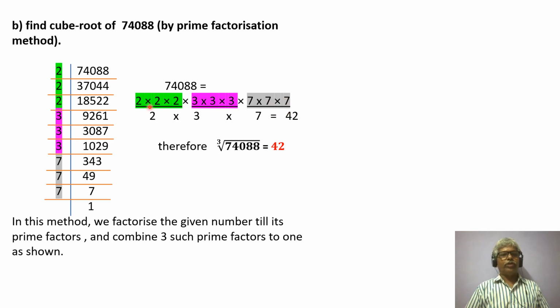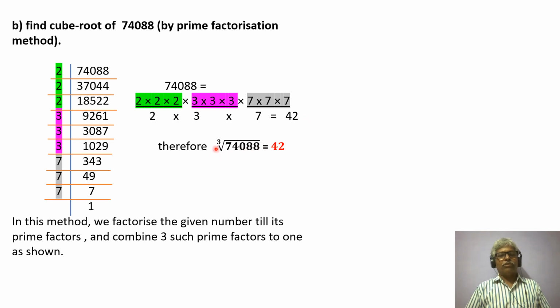So 2 into 2 into 2 into 3 into 3 into 3 into 7 into 7 into 7. Make groups of 3. So 2 into 2 into 2 is one group, 3 into 3 into 3 is another group, and 7 into 7 into 7 is another group. So write 1 2 for this, 1 3 for this, and 1 7 for this, and multiply these, you get this number 42.